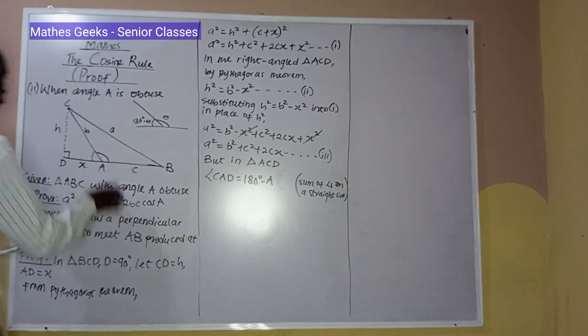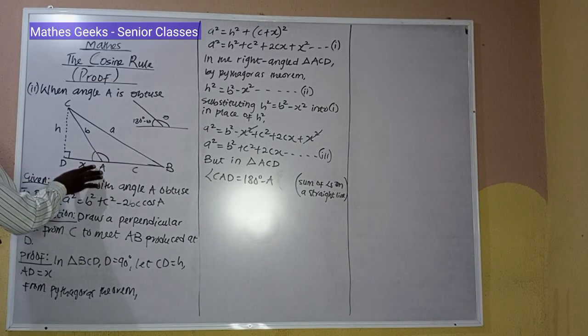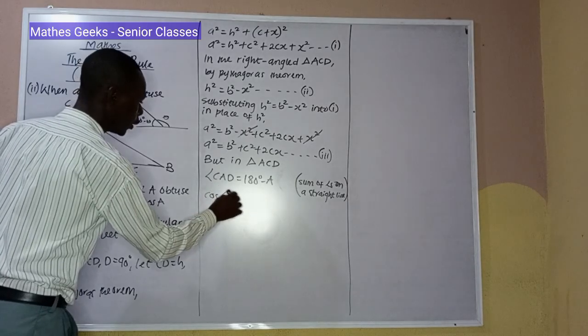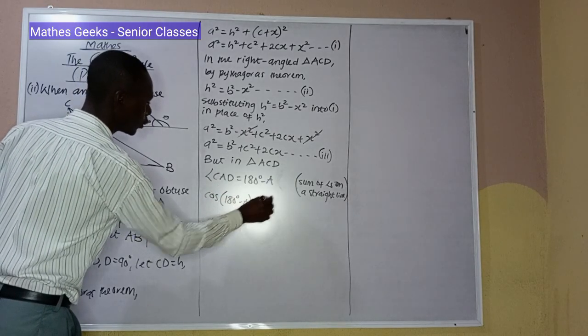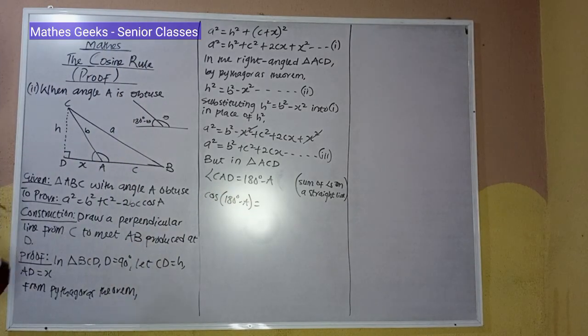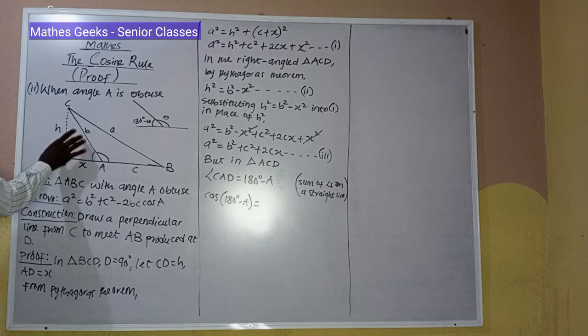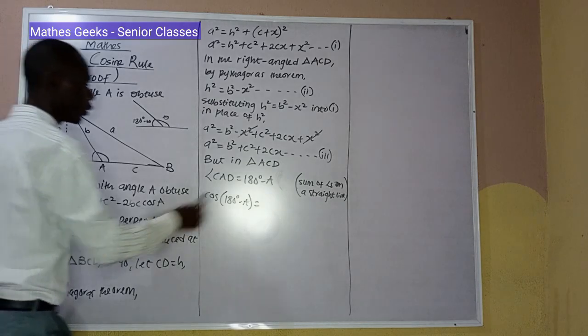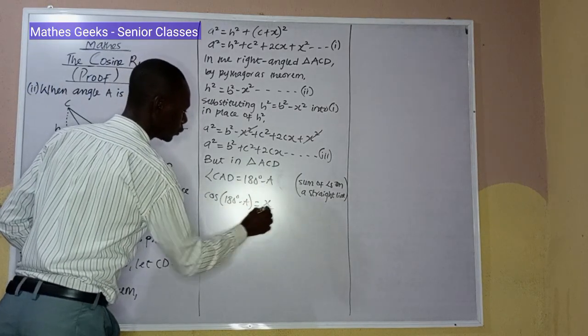So also from triangle ACD, cos of 180 degrees minus A is equal to, so the cosine ratio in this triangle ACD will give us adjacent over hypotenuse, which is x over b.